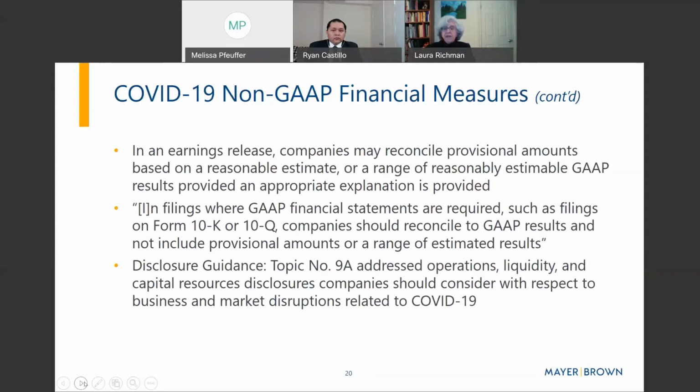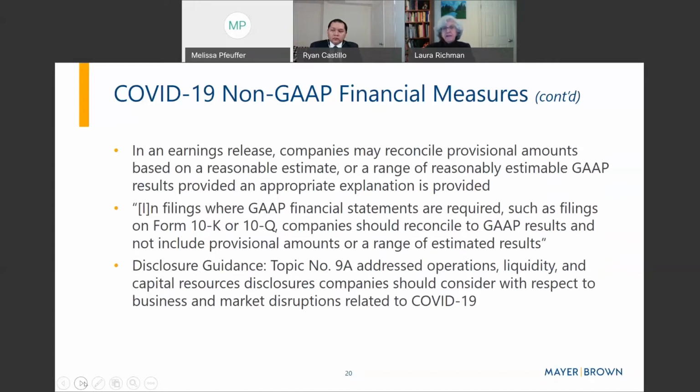The non-GAAP financial measure should not be disclosed more prominently than the comparable GAAP measure or range of measures.